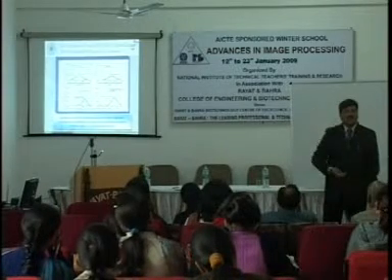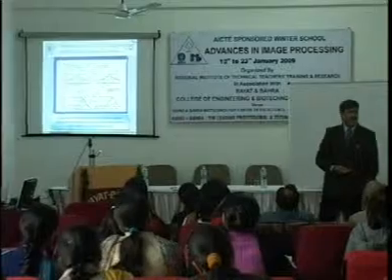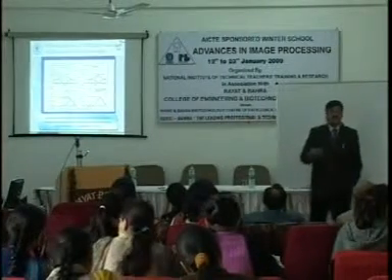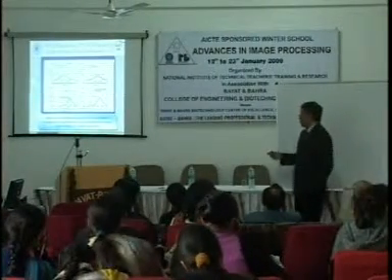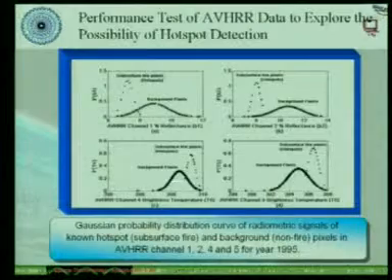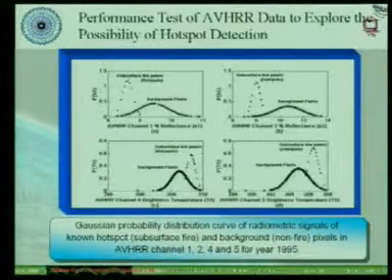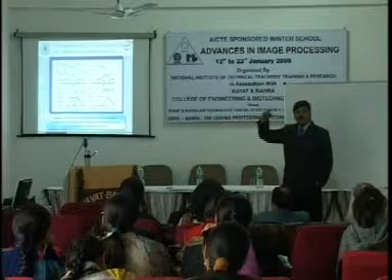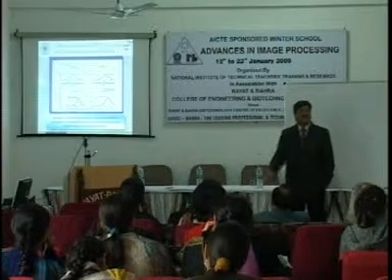And there are a number of available PDFs like Gaussian PDF, Weibull PDF, and a lot of things. So you have to cross-check. First we developed the PDF, the Gaussian PDF, and we tried to apply the Gaussian PDF on the hotspot and non-hotspots.